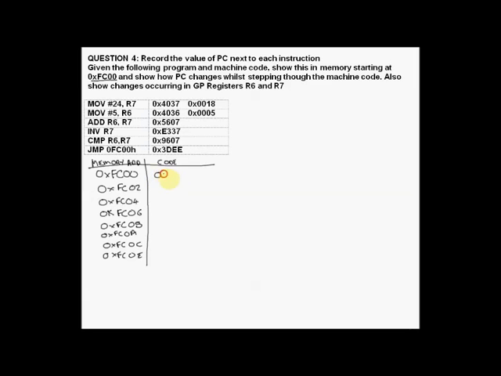So the first one 0x4037 and 0x0018, and just note that that's one instruction, so it's a longer instruction than normal. 0x4036 0x0005, once again one instruction, 2 words.